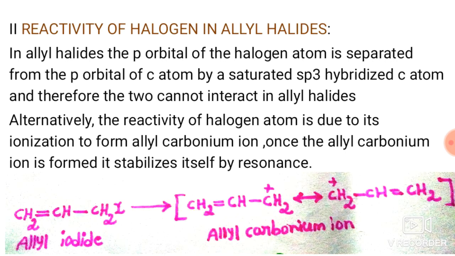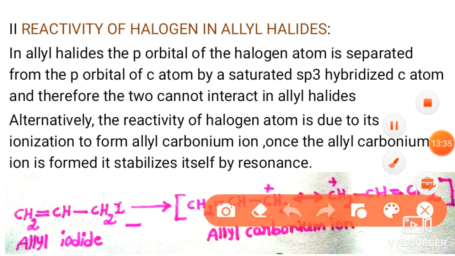The reactivity of halogen in allyl halides. In allyl halides, the p orbital of the halogen atom is separated from the p orbital of the carbon atom by a saturated sp3 hybridized carbon atom, and therefore the two cannot interact in allyl halides.